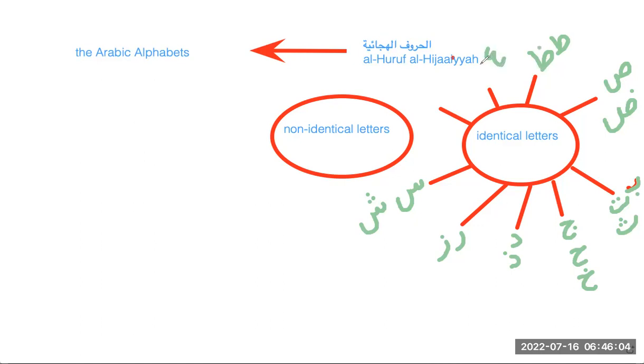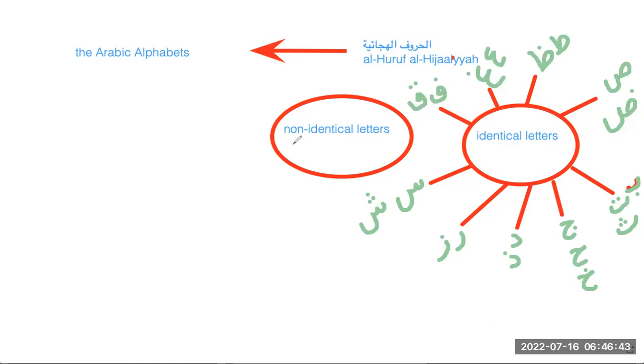Ain and Ghain. We have Fa and Qaf. Are you following it? So non-identical letters are the remaining letters: Kaf, Lam, Mim, Nun, Waw, Ha.